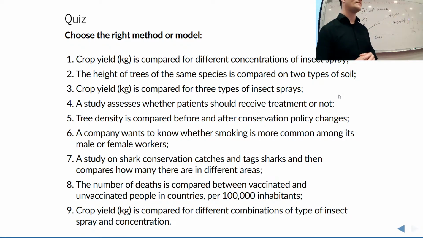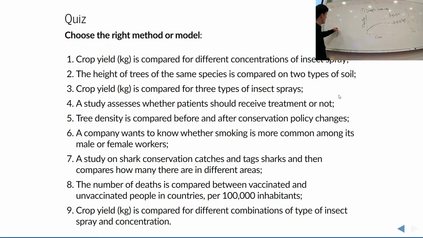The concentration is continuous, because you can pick any value in between other values. But type of treatment is either one or the other, so that's a categorical variable.